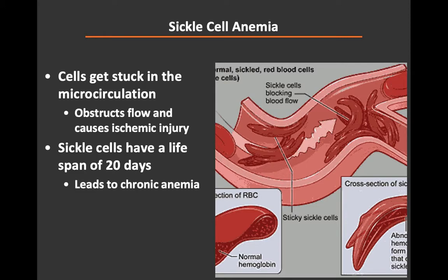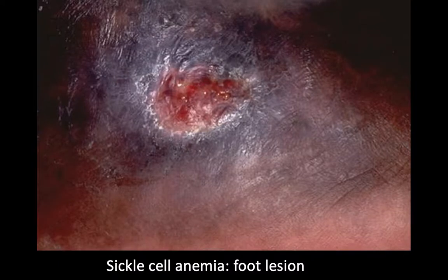And sickle cells can't do that very well. Also, sickle cells only have a lifespan of about 20 days, so you have this chronic anemia that occurs. And because my sickle cells can't pick up as much oxygen, I can't get oxygen to the skin, to certain organs, and things can start to break down. So I can get lesions inside and outside the body.